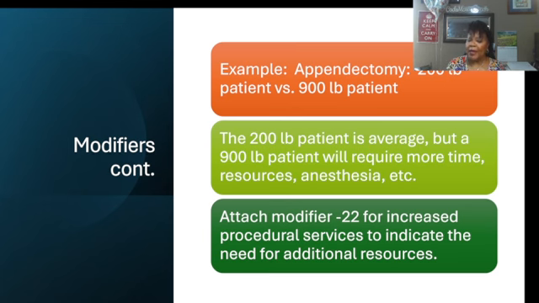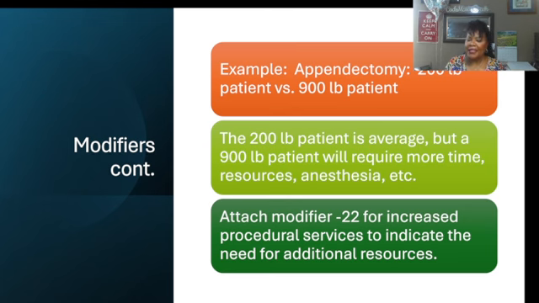The 200-pound patient is average, but a 900-pound patient will require more time, resources, anesthesia, etc. Just think about all of the resources that will be needed in order to do an appendectomy between the two patients, 200-pound and a 900-pound patient.